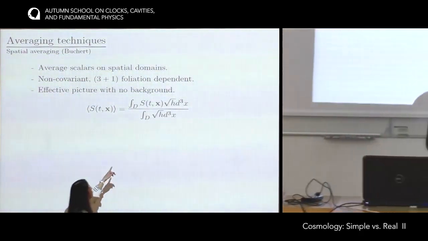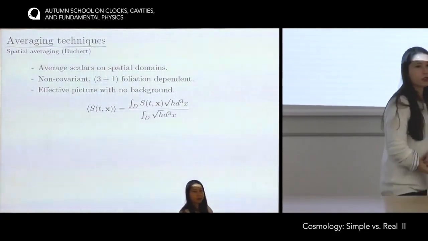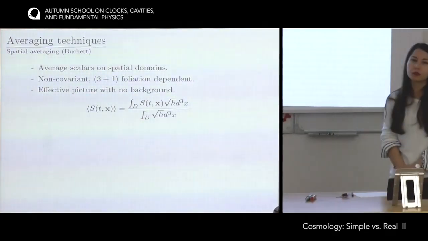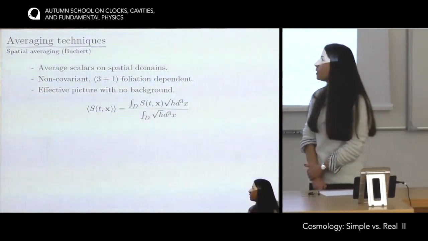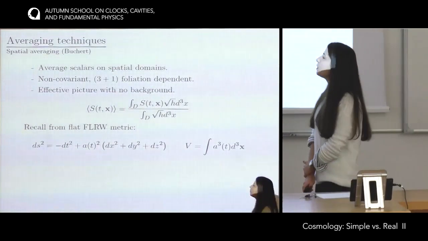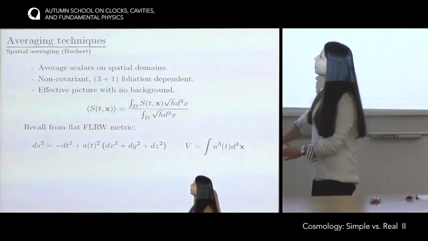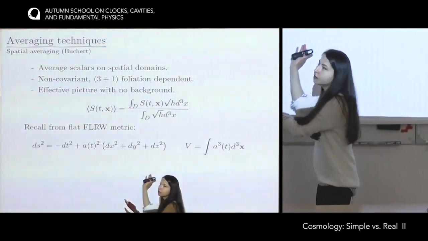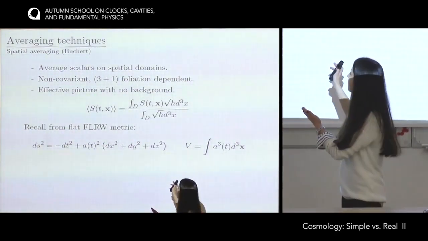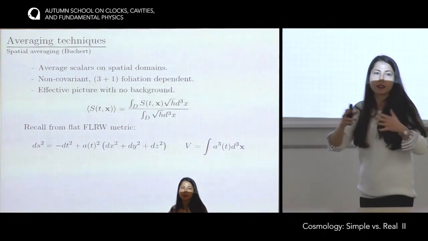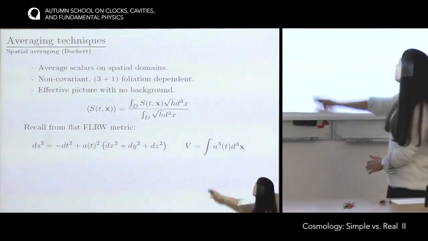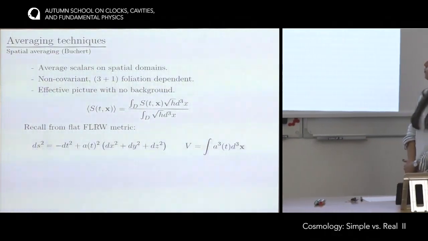The term in the denominator is the three-dimensional volume element, and you basically weigh any scalar in your spatial volume. So if you recall the FLRW metric, which for the flat case, of course, has Euclidean space regions that are expanding in every direction homogeneously and isotropically, this is how you define volume.